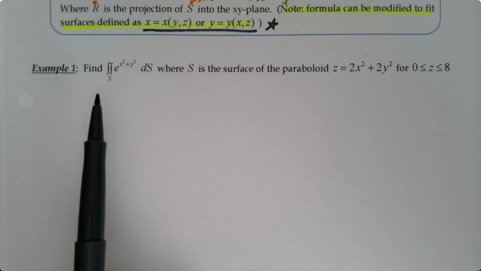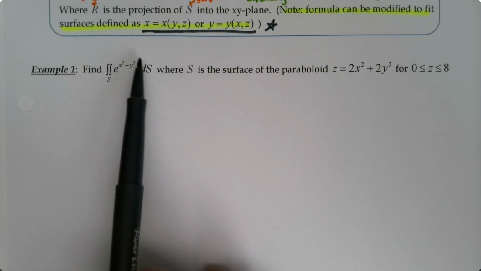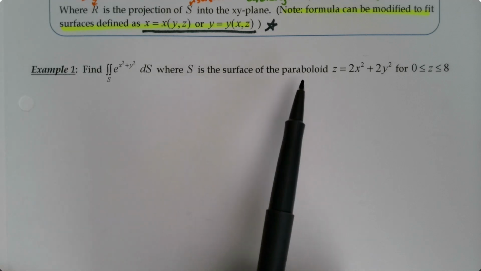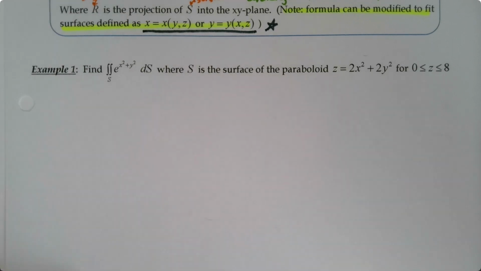All right, so let's look at an example. We are going to find the surface integral over this function for that surface piece, where S is the surface of the paraboloid z equals 2x squared plus 2y squared, for 0 less than or equal to z less than or equal to 8. First we need to look at what this paraboloid looks like. So I graphed it in Maple.